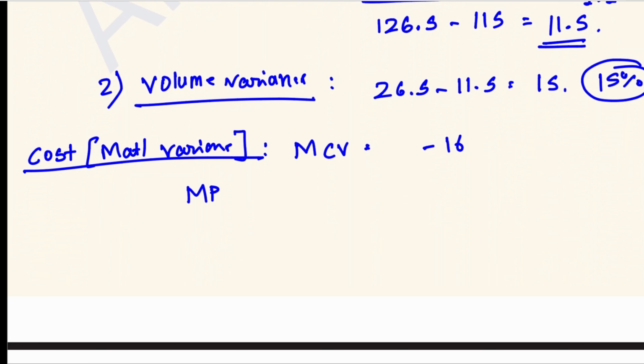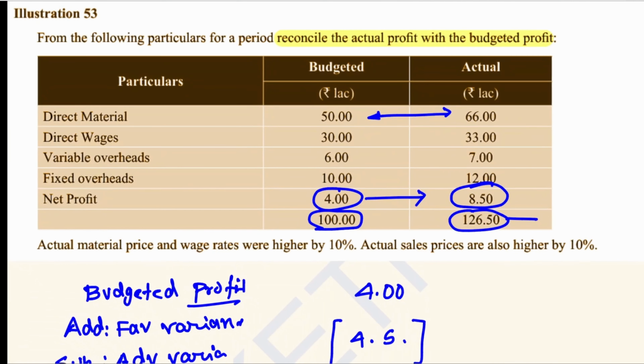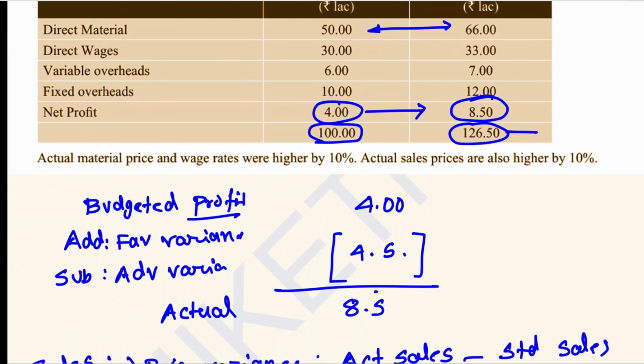Material price variance. So material price variance is given by 2 minus 3. That means AQSP minus AQAP. AQAP I know, which is 66. AQSP, I have to read this statement.